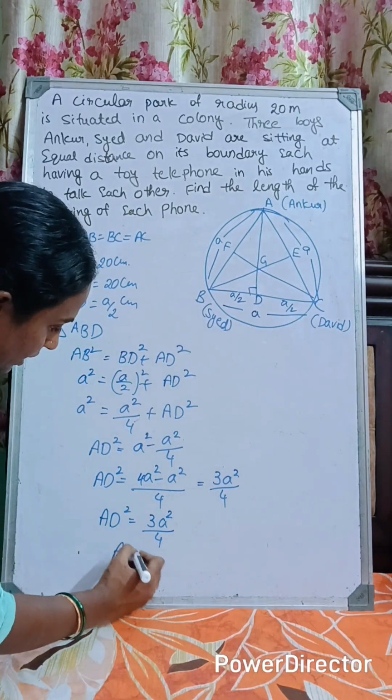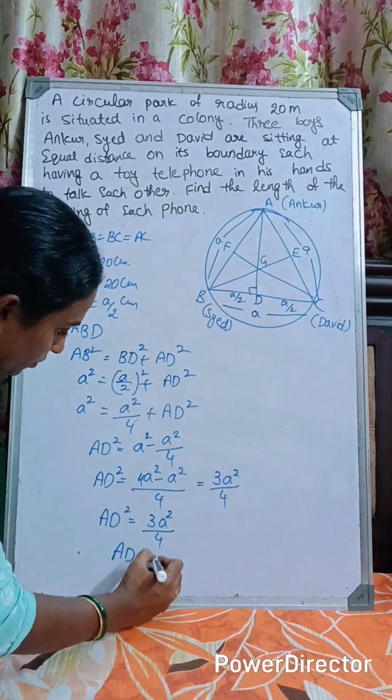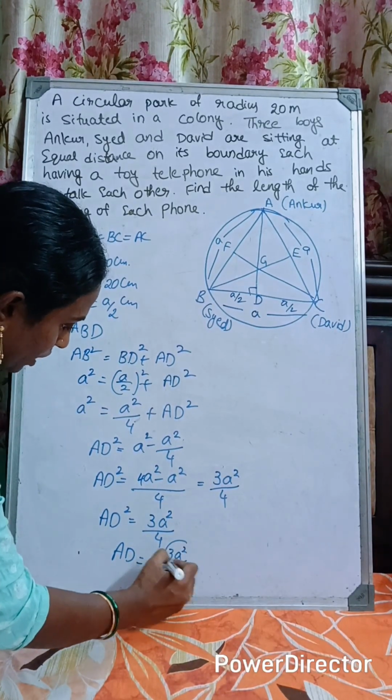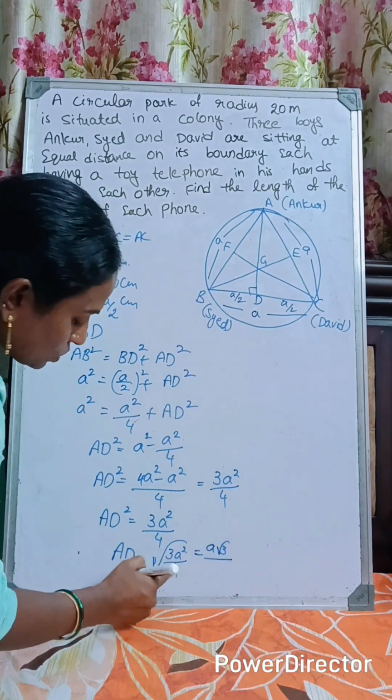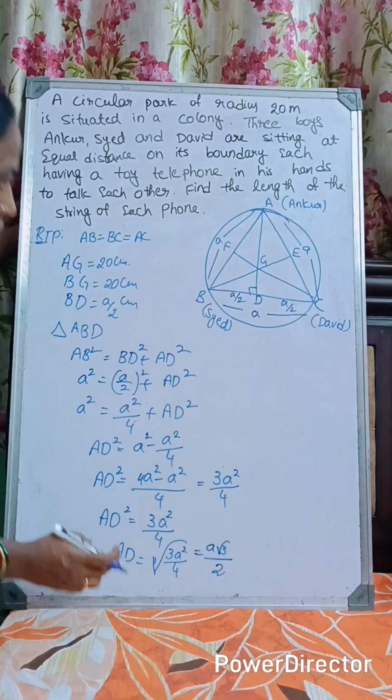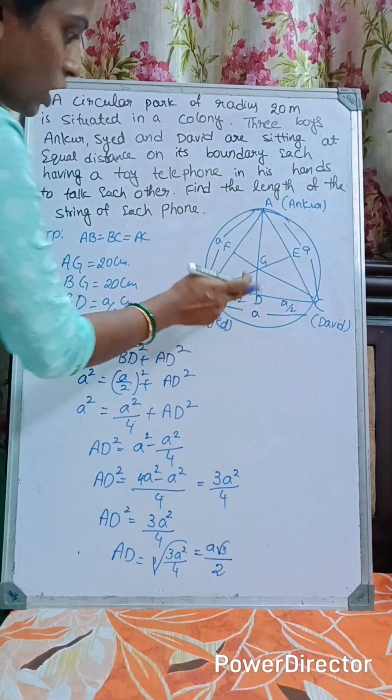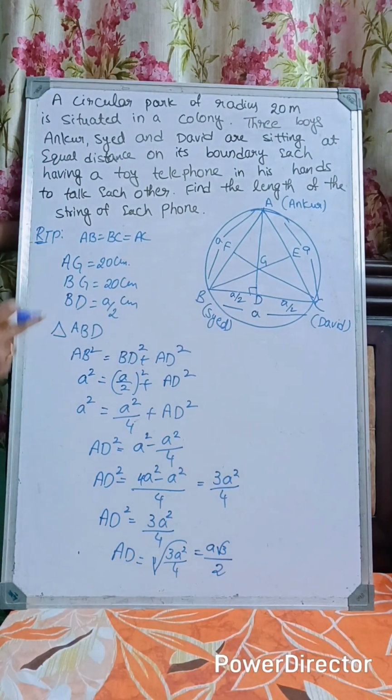That means AD length is the square root of 3A square by 4, so A into root 3 by square root of 4, which is 2. So AD length we have got as A into root 3 by 2.